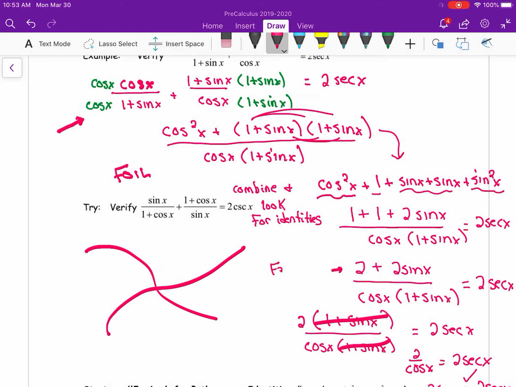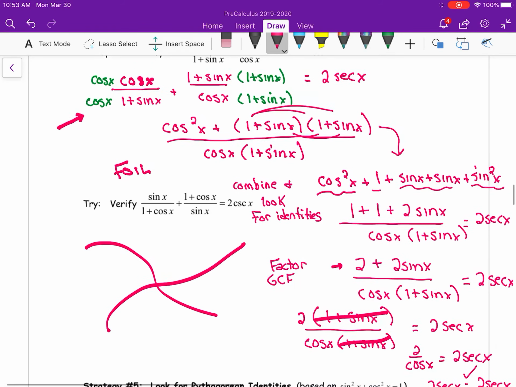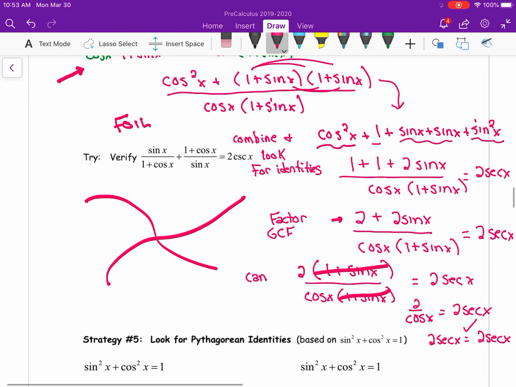Down here I factored out the GCF, and then here I canceled. So you're just looking for things that you can do, and then hopefully you get to the end result.